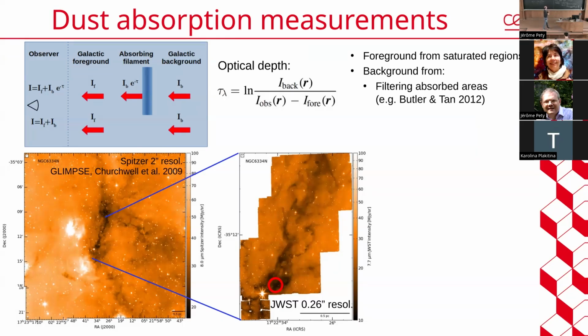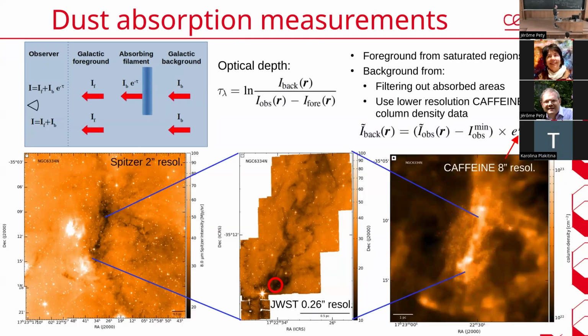So the next approach was to make an inlay of the James Webb data into the larger Spitzer data. And you can see that the diffuse extended absorption is way larger than what we actually observe here. Then we still had some idea of the column density of this data, which we actually have from CAFFEINE.